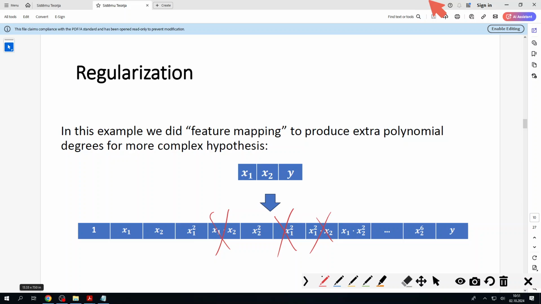In neural networks, we can also use regularization by simply disconnecting certain neurons. Normally a neural network has all connections for all neurons, but we can intentionally cut off certain neuron links, and that will be regularization in a neural network.